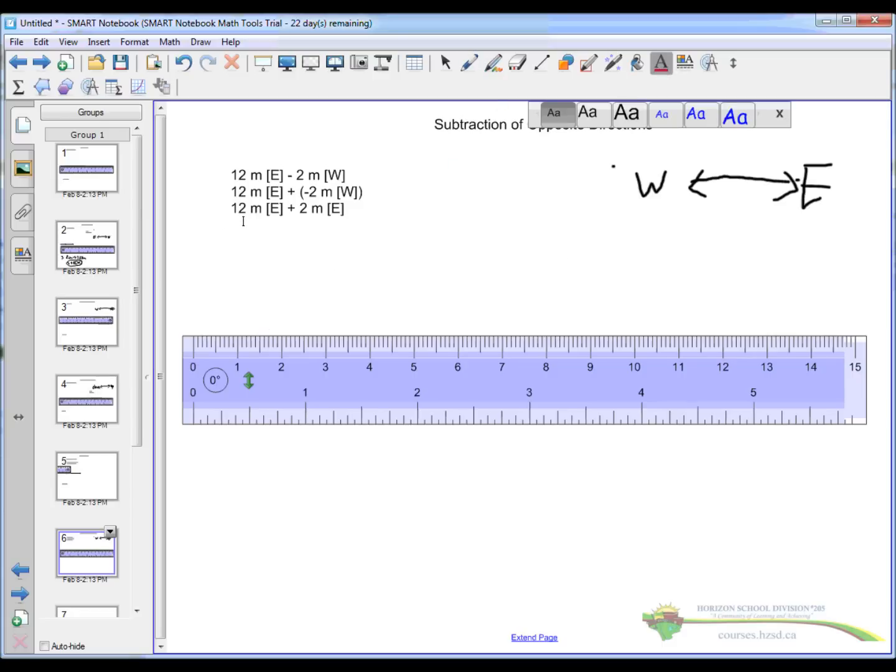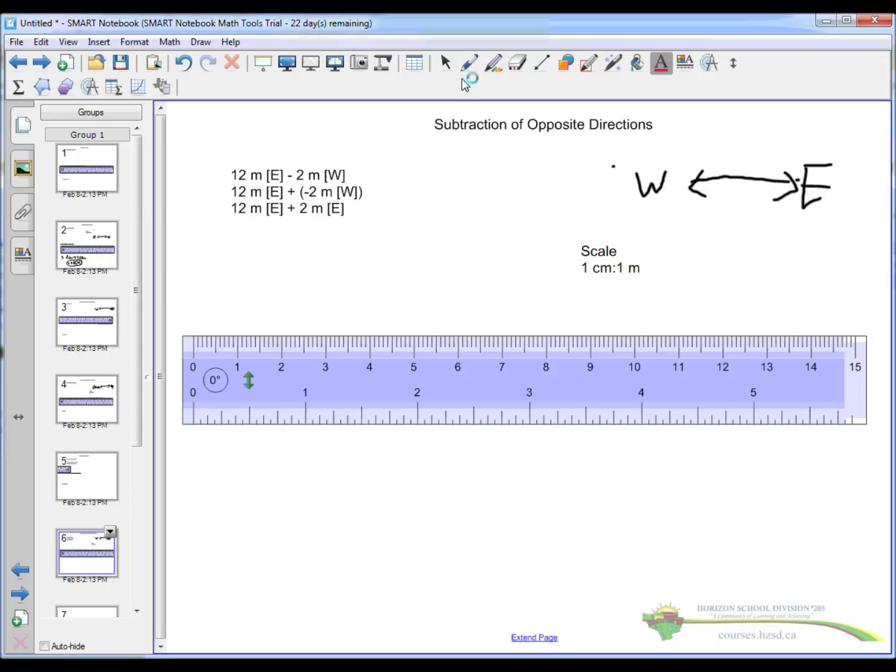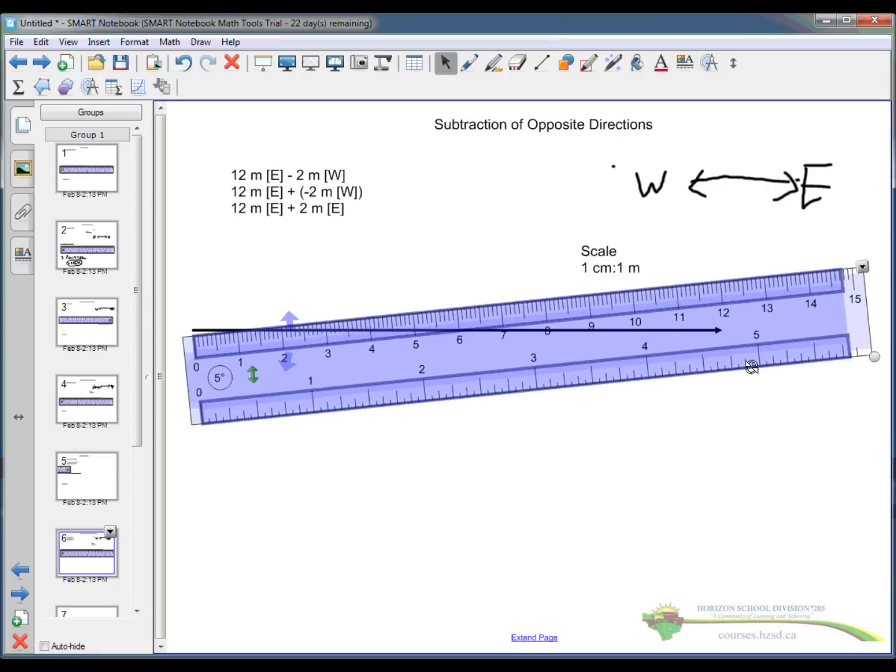We should be able to, 12 and 2, we should be able to go 1 scale, 1 centimeter is 1 meter. And then we can draw our lines in. 12 meters east plus 2 meters east.